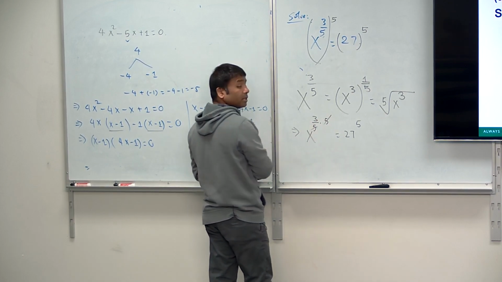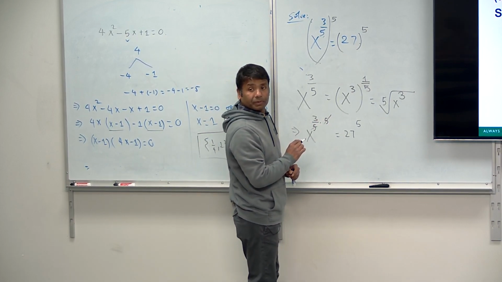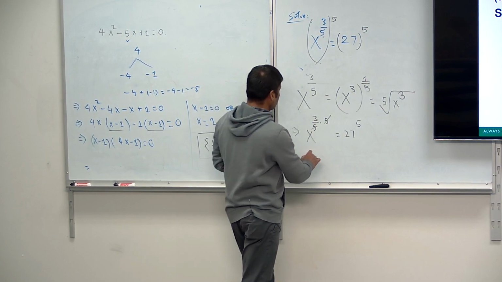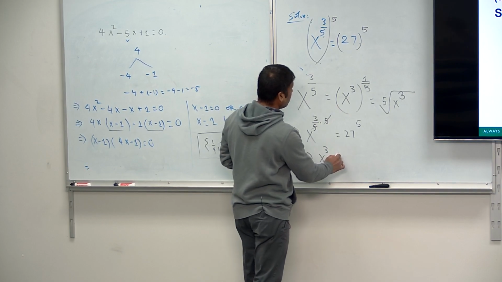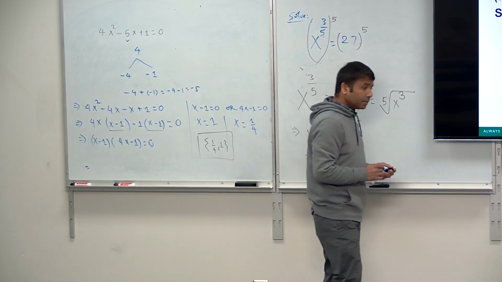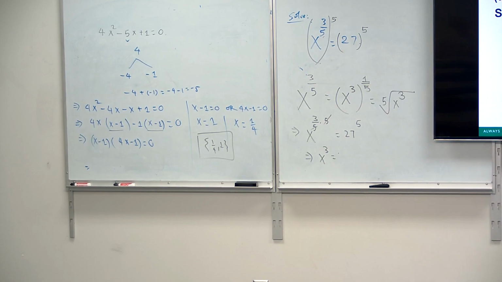This 5 cancels. So now this is x cubed equal to 27 to the power 5. What is 27 to the power 5? Can you let me know? I got 14348907.